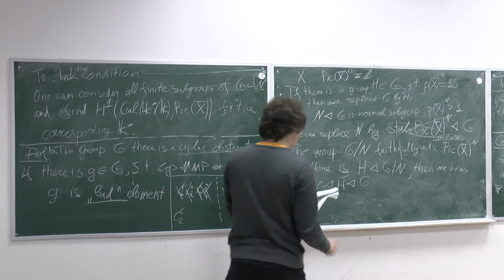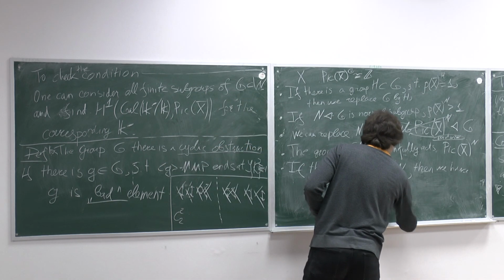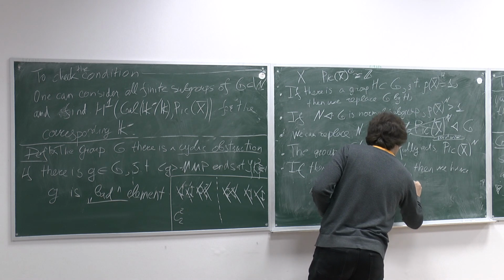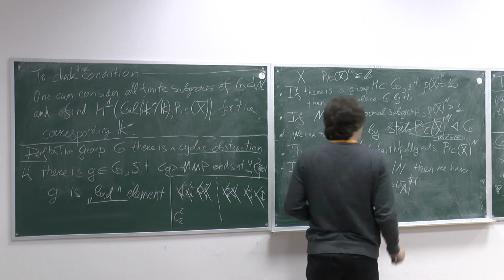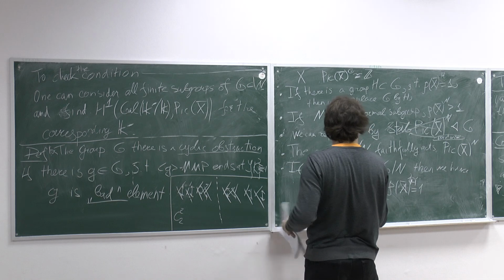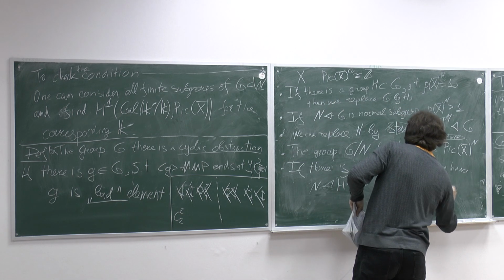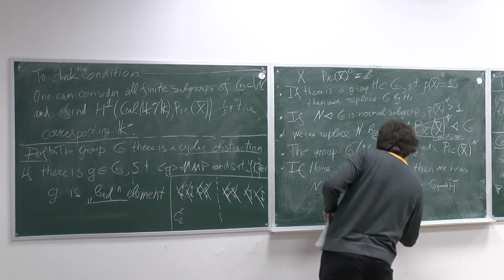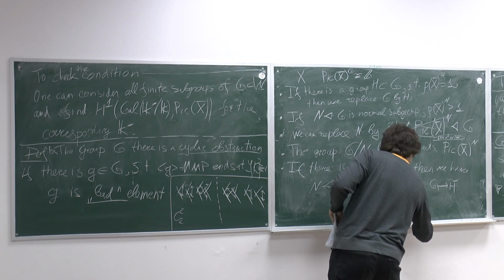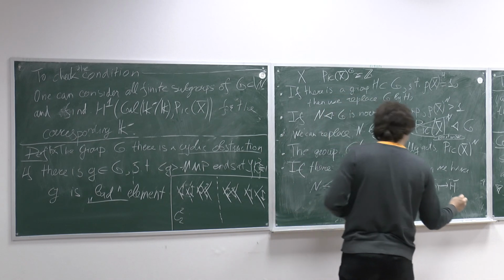Now for this triple we can consider the invariant Picard number under the action of H. If it equals 1, we replace the pair G, N by the pair H, H tilde, N, and if this number is greater than 1, we replace the pair G, N by the pair G, H tilde.